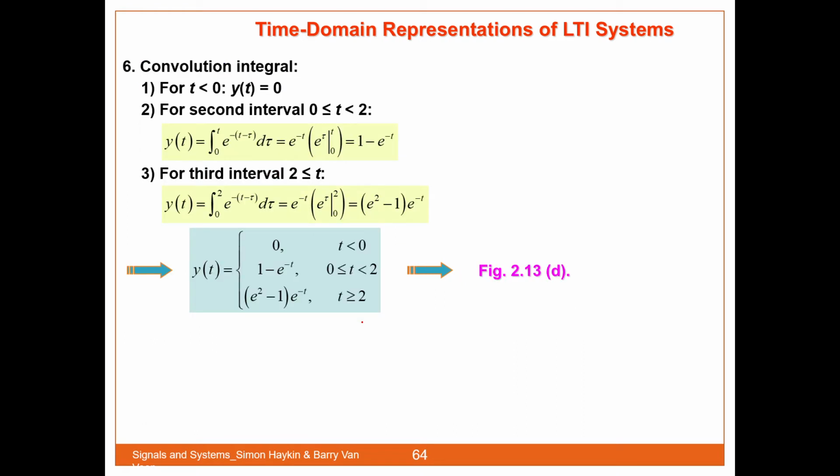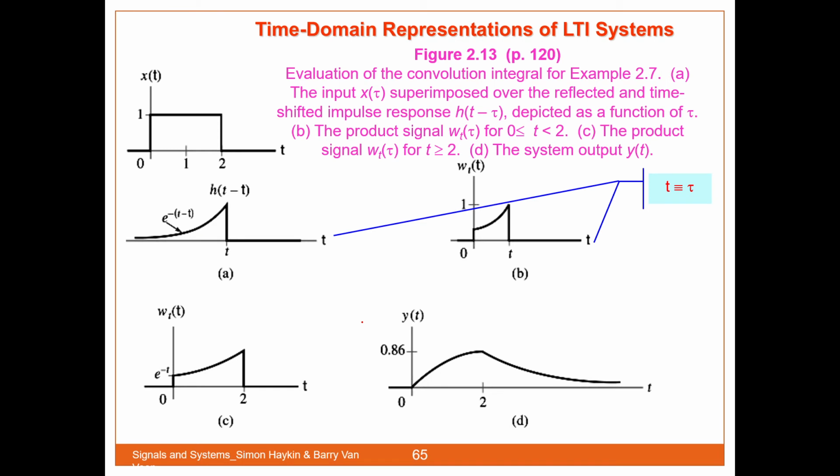So we have 3 intervals. Now we can see this is the graphical method: x(t), the second one h(t), and then this is the y(t). You combine. This is the first integral, second integral, and third integral.